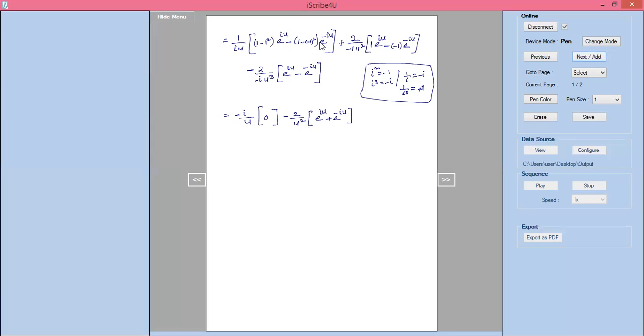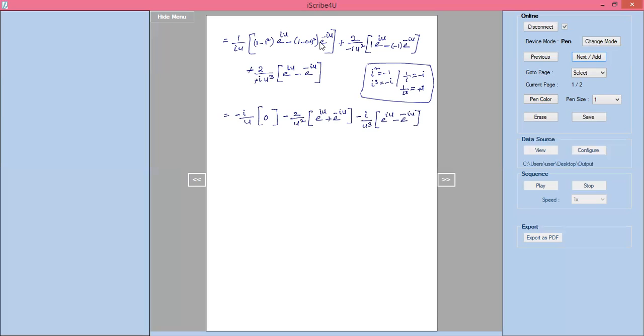Next, we will simplify 1 by i cube, which is minus 1 by i. The minus minus cancel, and 1 by i again I will write as minus i divided by u cube into e power iu minus of e power minus iu.